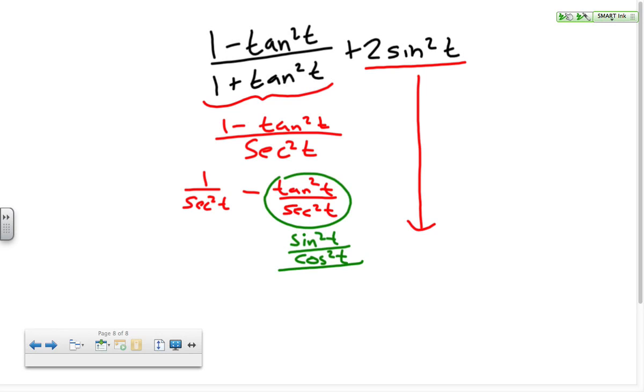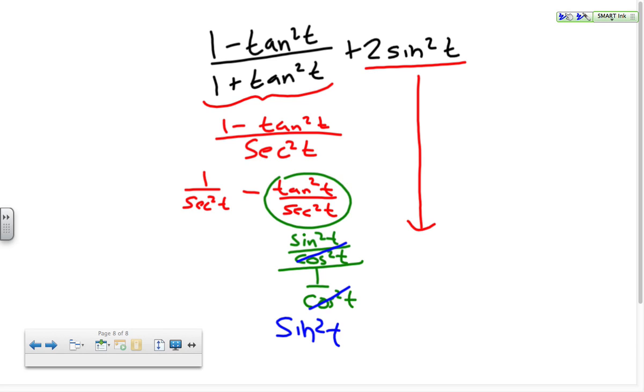You can use them with squares, that's okay. And this secant squared is 1 over cosine squared of t. Now, if you remember your fraction rules, if you have a fraction above a fraction, the denominators, if they're the same, they cancel out. So I'm left with sine squared t there.